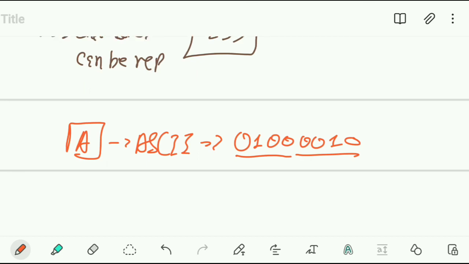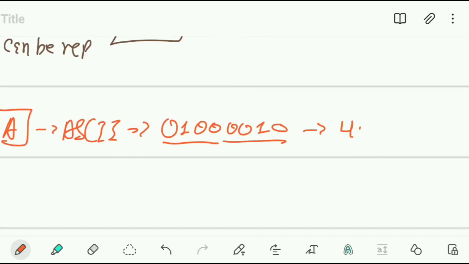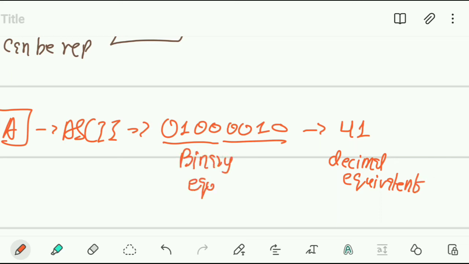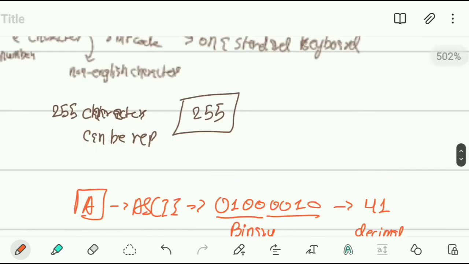Yes, this is the ASCII code of capital A. If I want to know the Denary equivalent, it would be 65 in decimal. But in binary, you can just say that the ASCII of A is 65 in decimal and this in binary. Okay, so this is ASCII. It represents all the characters such as null, spacebar, hash, 0 1, AB or small ab. So this is the ASCII code.